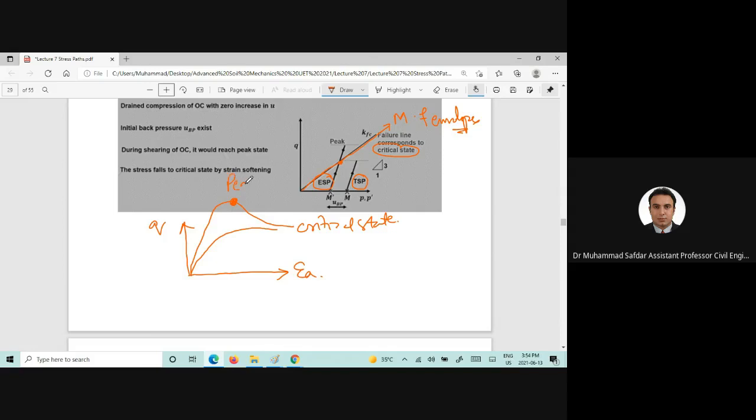So this is the peak of the stress strain behavior in dense or over consolidated clays, and that's the peak which is represented here, and that's the critical state which is represented here. Now if you want to draw the effective stress path and the total stress path, that difference would be the U naught or the back pressure.